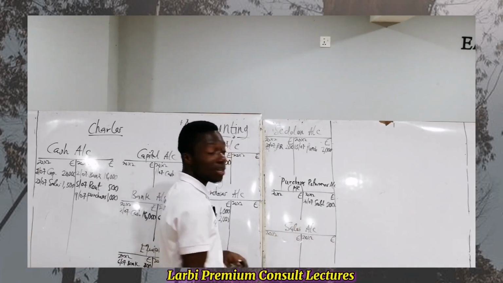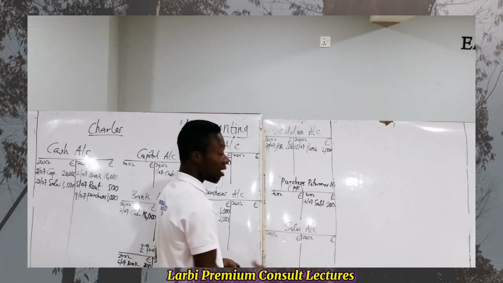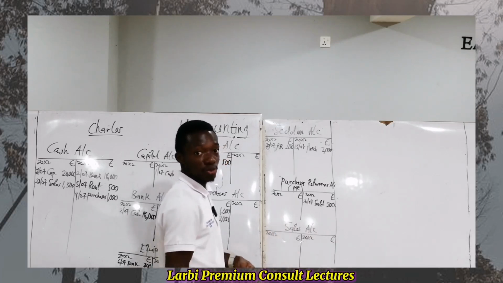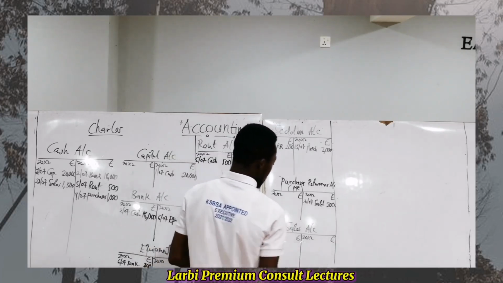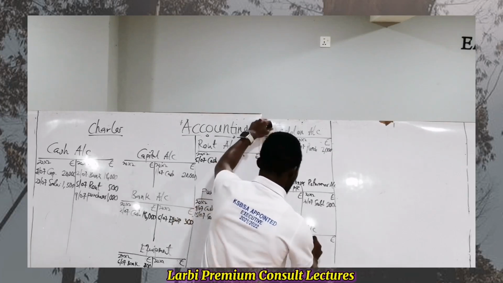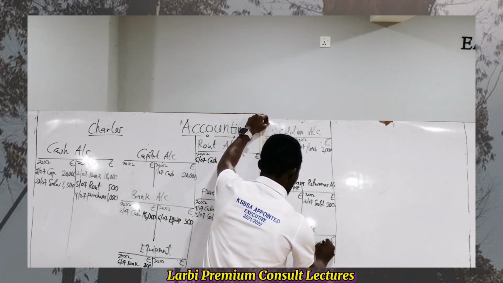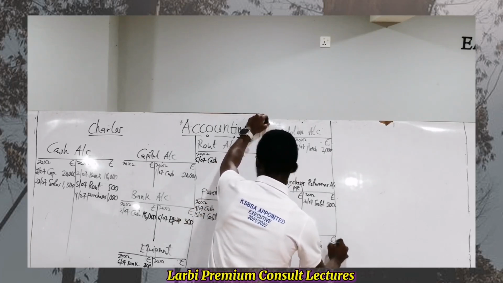Yet we're going to record it at the credit side because sales is part of the revenue. And as per our discussion, all revenue is supposed to be credited. So we are going to credit the revenue account in that wise. So that's going to be 23rd July in the name of what? Cash. Then record 1,500.